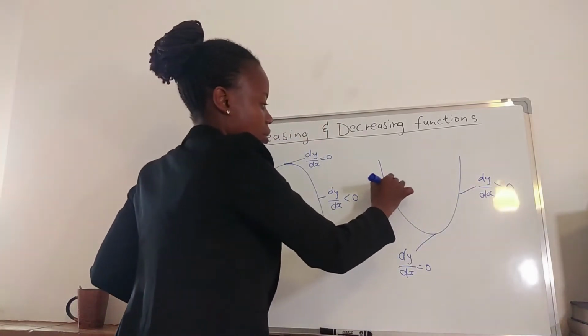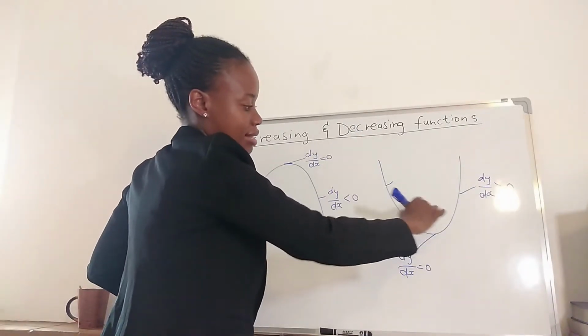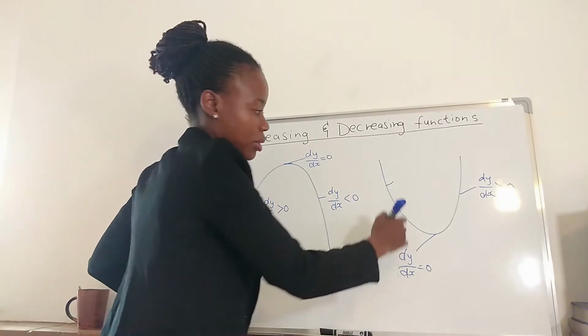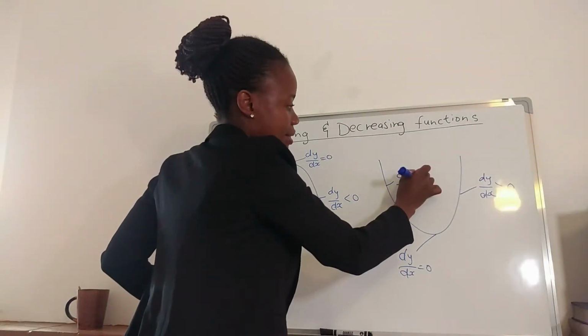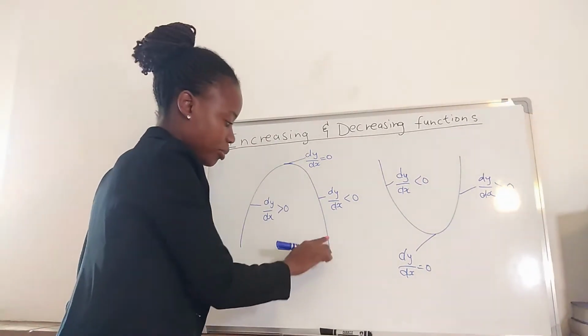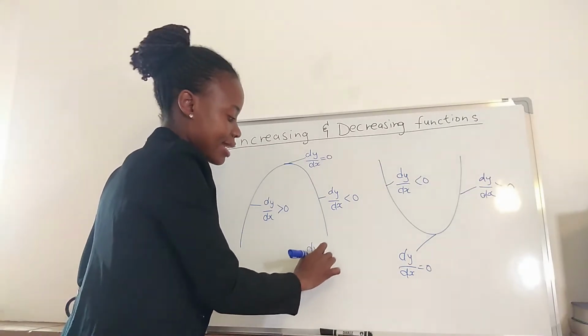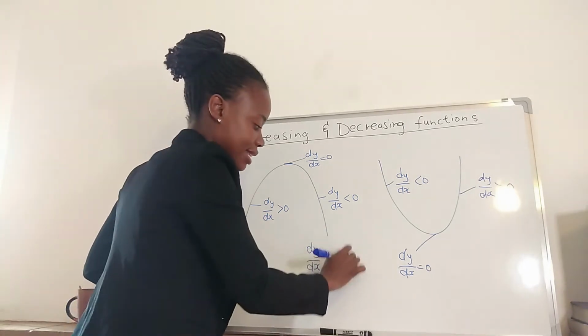And then this one is decreasing. You can see that as the x-axis increases, the y-axis decreases. So here we have dy over dx less than 0, right? What you're supposed to know is that if dy over dx is greater than 0, it means that it's increasing there.